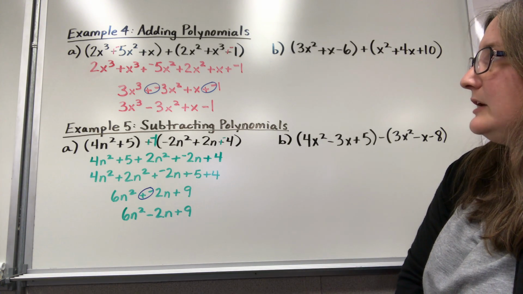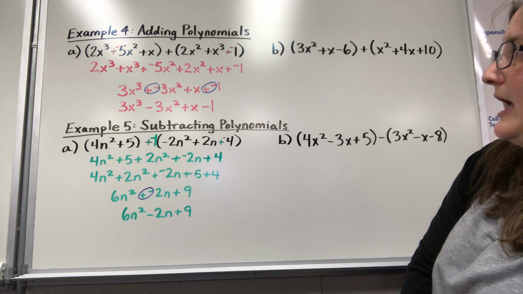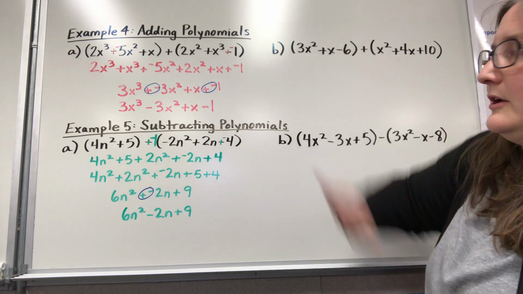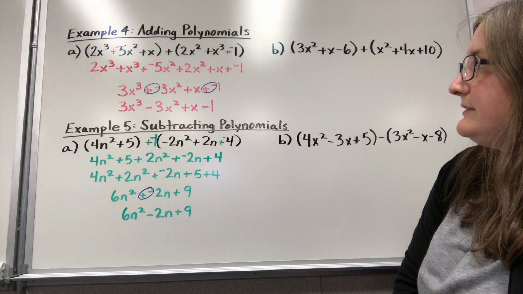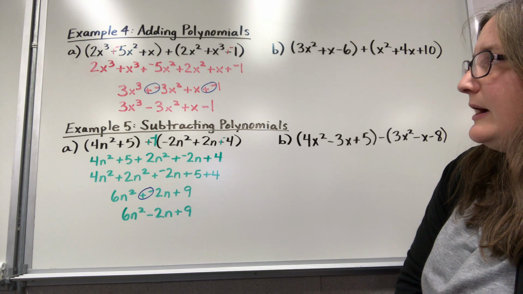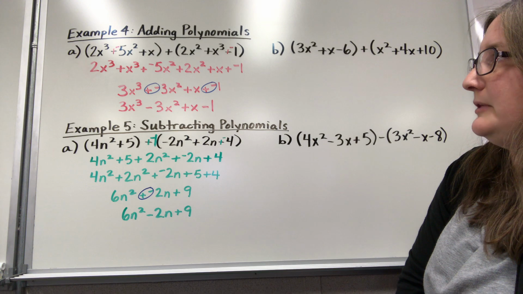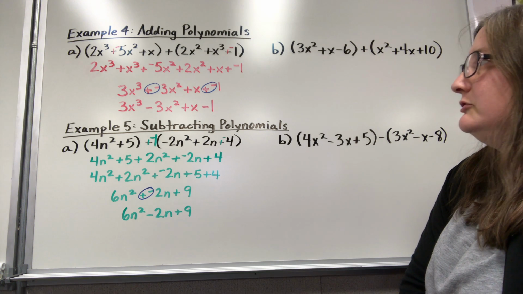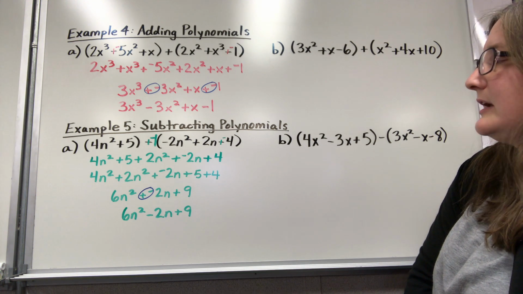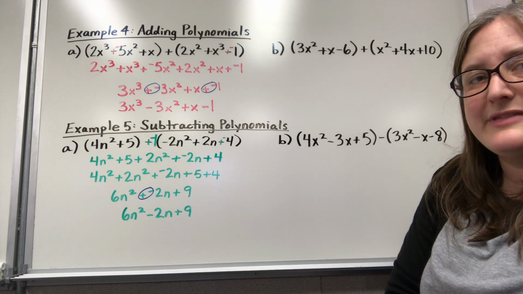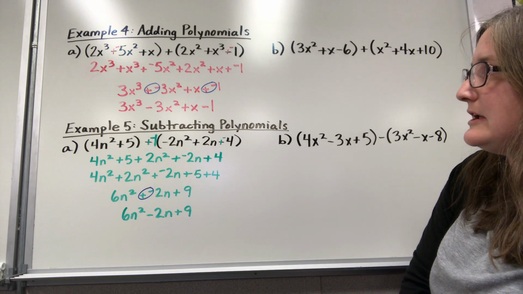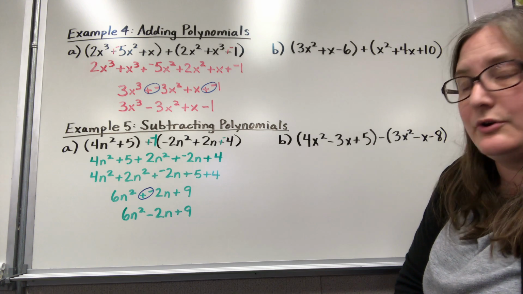Once it's all addition, I can remove my parentheses, and I rewrote it here in standard form. So I had 2x to the 3rd plus x to the 3rd plus negative 5x squared plus 2x squared plus x plus -1. Now I have some things that tie in their degrees, and I want to combine those things.